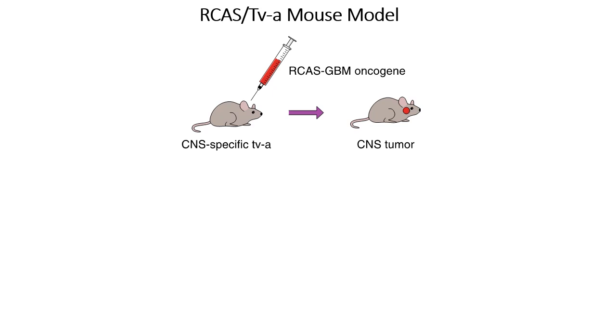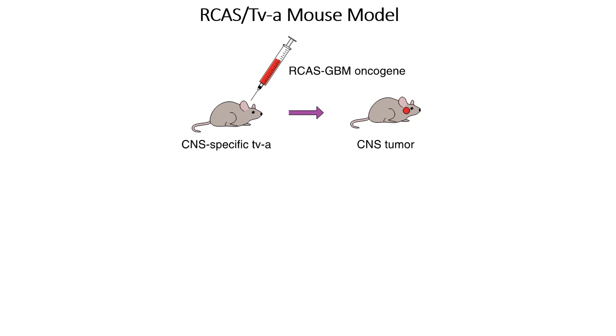Ultimately, when the virus is delivered broadly, it only infects cells expressing the TVA receptor, which if engineered to be expressed by the nestin or glial fibrillary acidic protein promoters, will be specific for CNS stem or progenitor cells, or astrocytes. The transfer of some genes, such as PDGF, or combined oncogenic RAS and AKT, to stem or progenitor cells in the brain results in gliomas in nearly all mice within a few months.